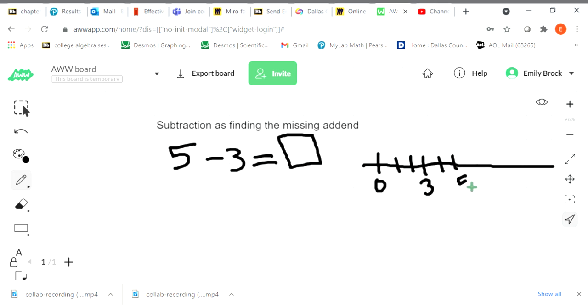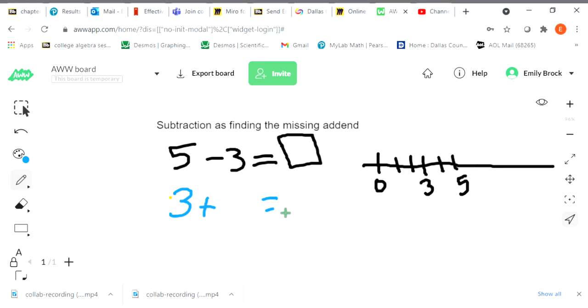And there's 5. So 5 minus 3, what we're saying is, I have 3 and I want 5. So I'm going to start at 3. Let me get another color. So as a missing addend, I'm going to say 3. What can I add to 3 to get to 5?